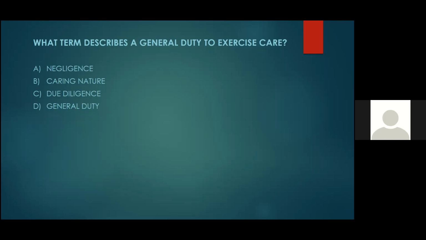Yeah, absolutely. You're going to show due diligence, and with any sort of negligence action against you or your operators, they're going to ask you how you can prove to them that you did everything you could possibly do to make sure that this event didn't happen.